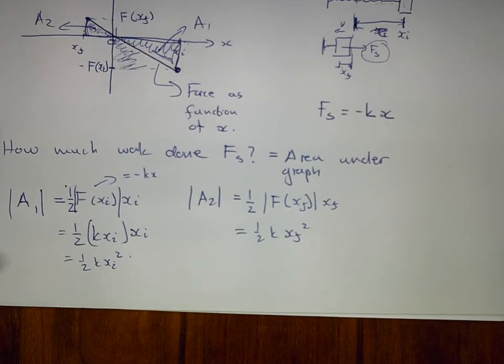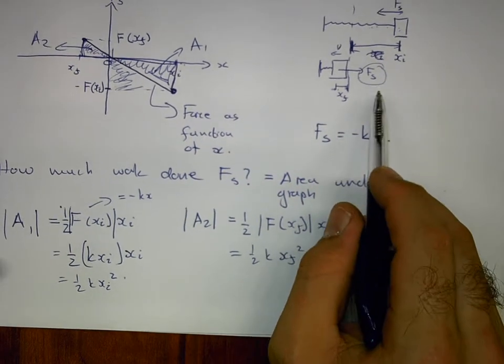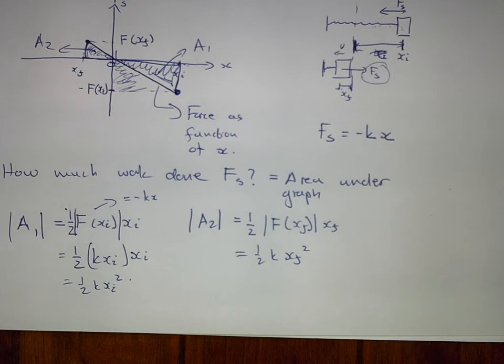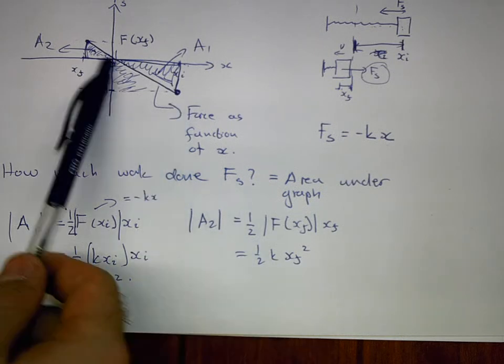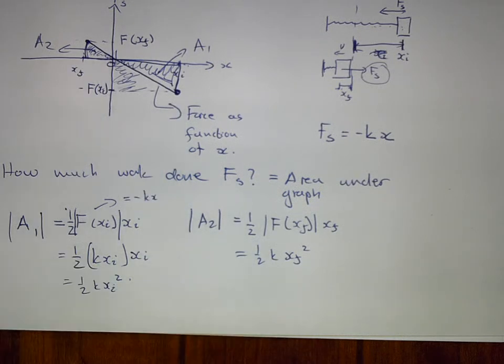So if we now want to figure out how much work is being done, we said that if the force is accelerating the object, it's doing a positive amount of work. If the force is decelerating an object, it's doing a negative amount of work.